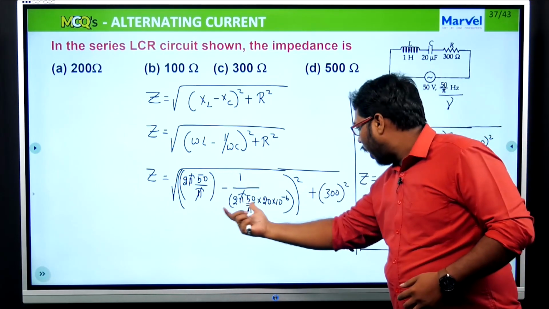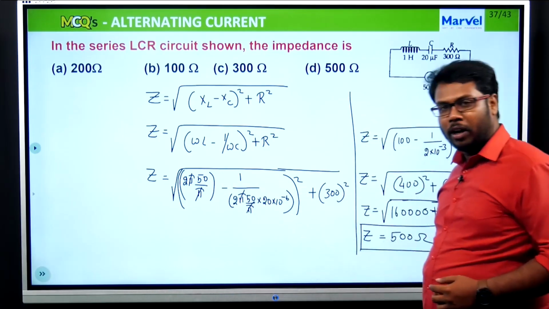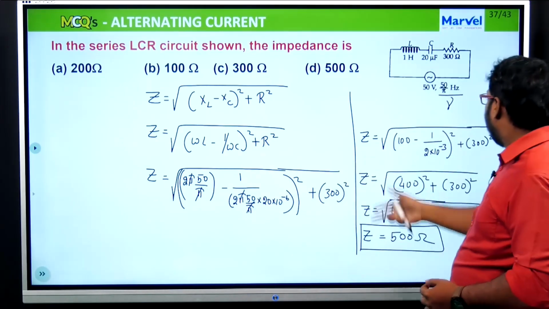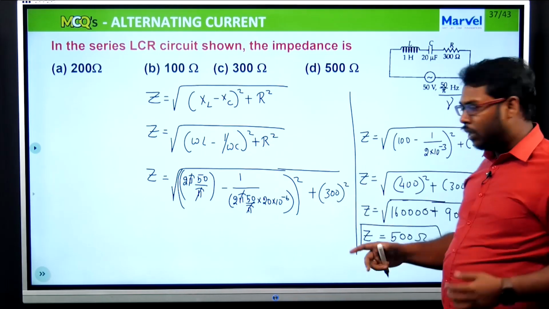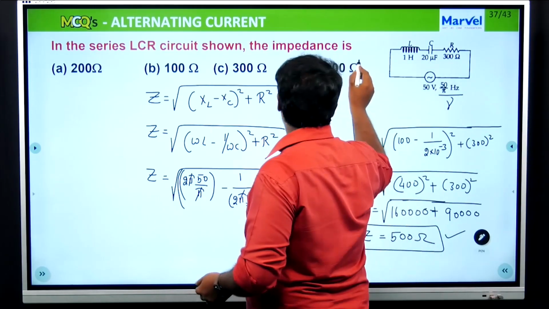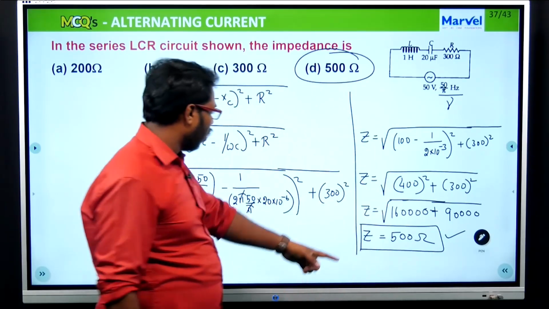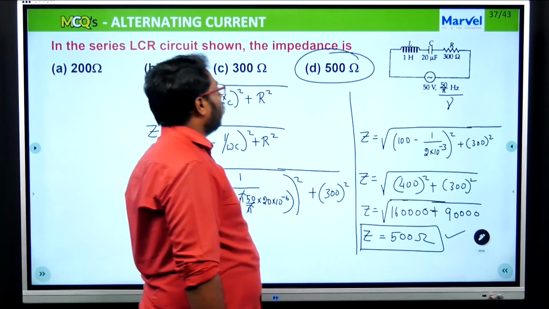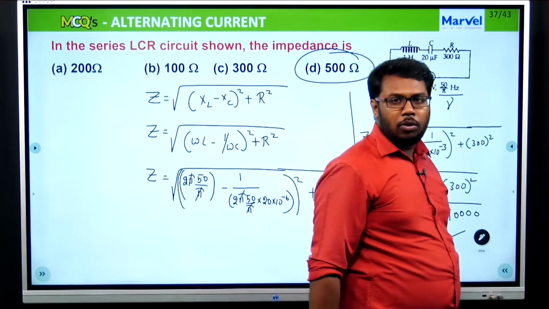So you have to carefully reduce each and every term inside the root and inside the square, and after that if you put the entire thing under the root, finally you will get the answer. So 500 ohms is what you get, and that will be our answer. So now we move to the next question.